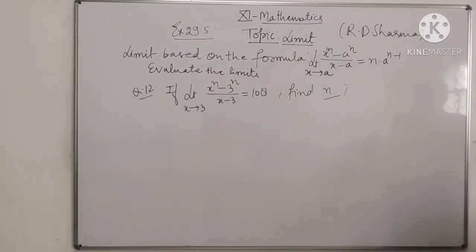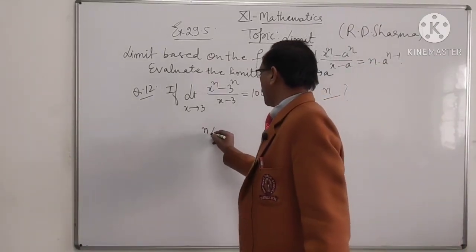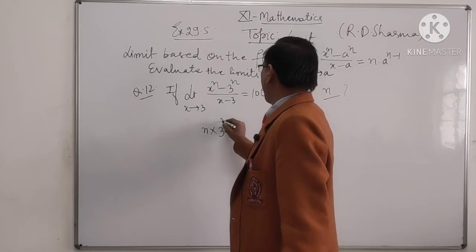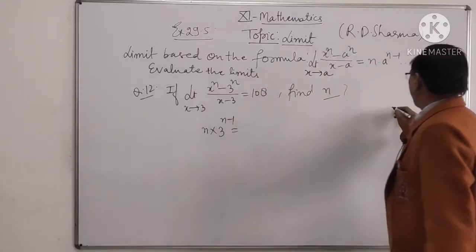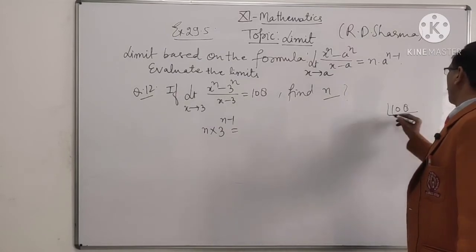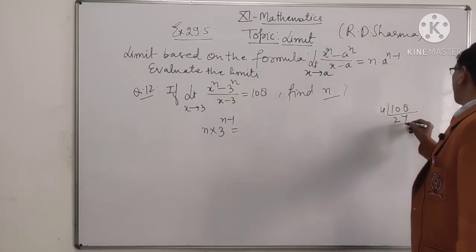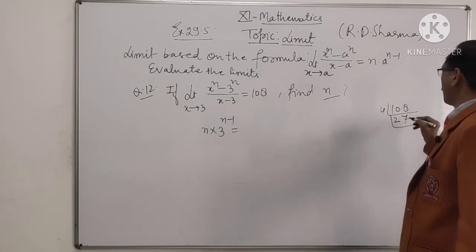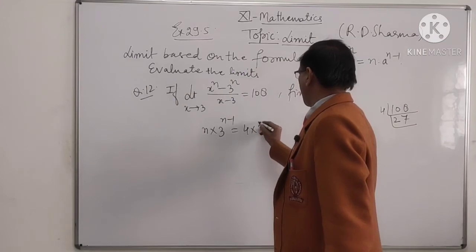So, according to the formula, it is n into 3 power n minus 1. Now we will factorize this. 108: 4 2s are 8, 4 7s are 28, 27 is 3 cube. So it is 4 into 3 cube.